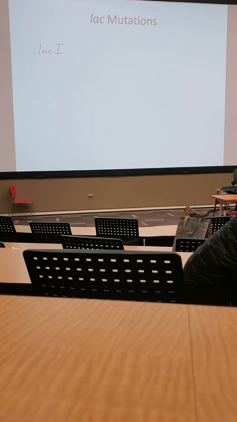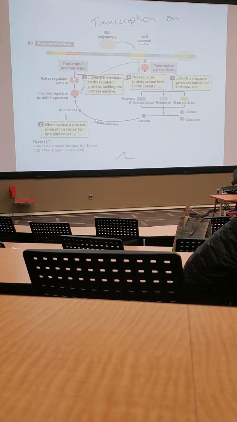lacA, lacZ, lacY? Sure, structural genes, yeah. I'll add those in a second. What else? It has a certain orientation. Usually you write genotype from left to right in these systems.